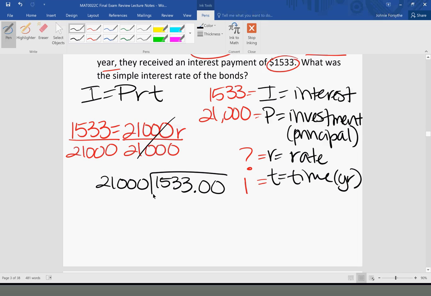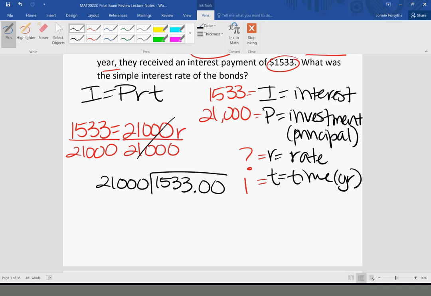So 21,000 cannot go into 1,500. 21,000 cannot go into 15,000. So 21,000 can go into 153,000. Let's see. You've got to just play around and try some numbers.